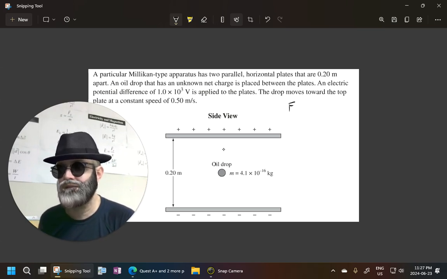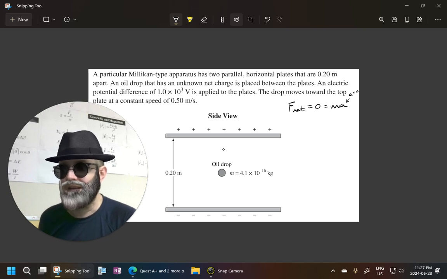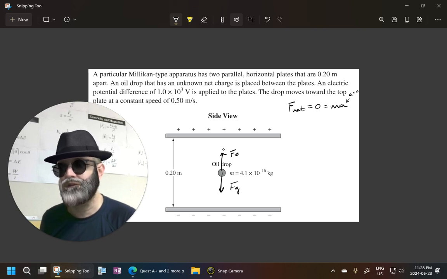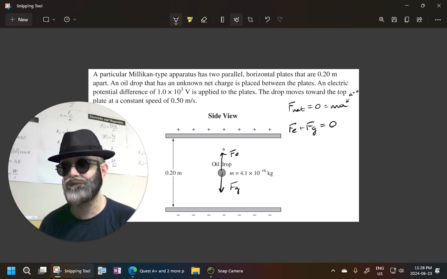So my F net is equal to 0 because m times a is equal to 0. Because of that, the forces acting on this, which are gravity and the electric force, have to balance each other out. Because Fe plus Fg, which is F net, the sum of the forces is equal to 0. That means Fe is equal to negative Fg, right?